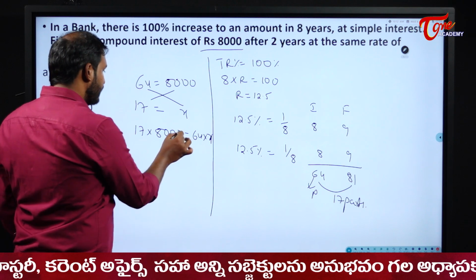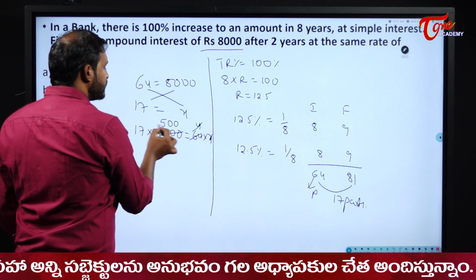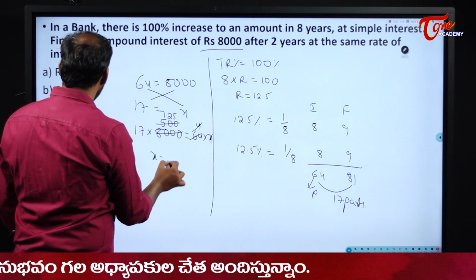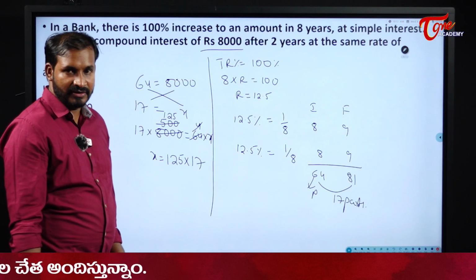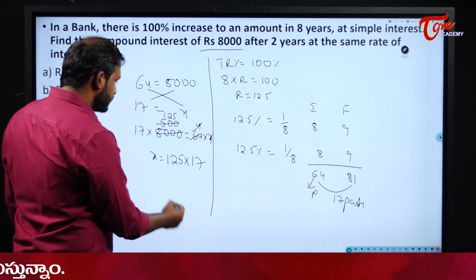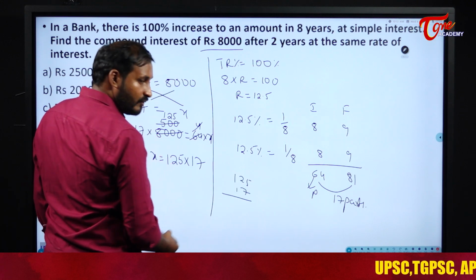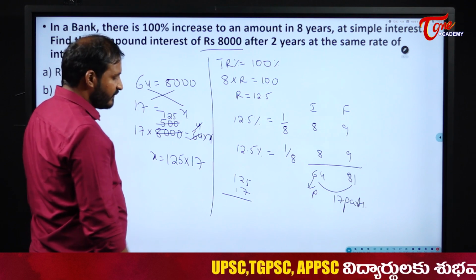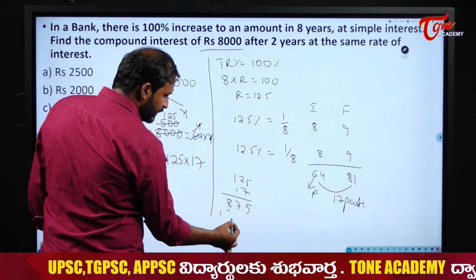Okay. In the 16 table, 16 5s are 80, 0 0s are 0, 16 4s are 64, 1 and 4... 125. So x value will become what? 125 into 17. What will you get here, students? Multiplied 125 and 17. 125 7s are 875, and this is 125.